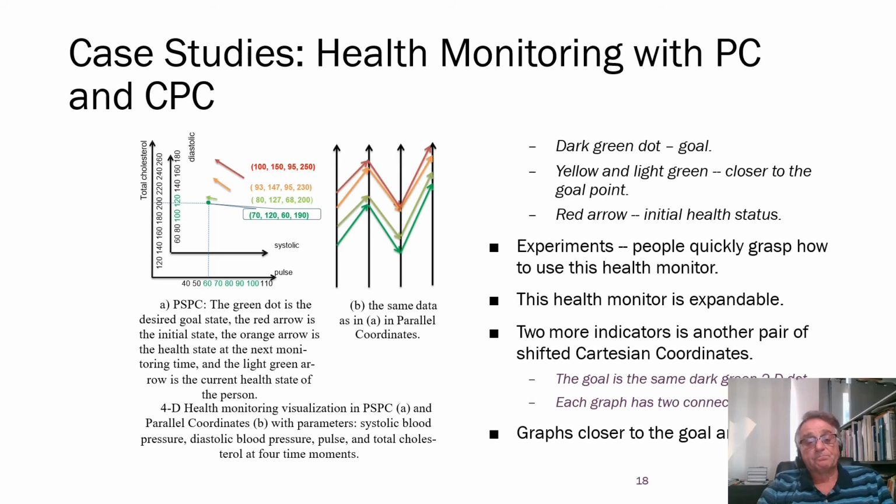Then the scale and distances between coordinates are chosen so that the desired point, 170, 120, 60, and 190, is represented as a single green point, and the other points are represented as arrows. And now we can see how the person is progressing from the original state to the target state.